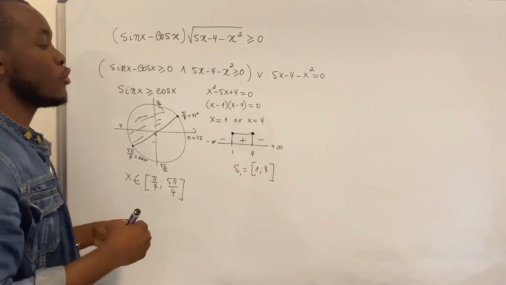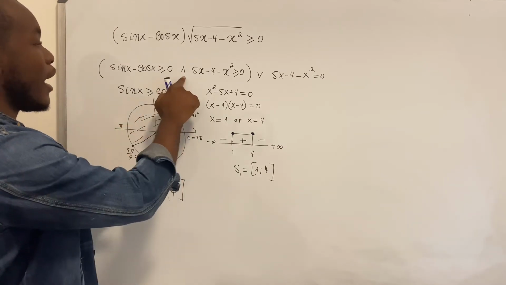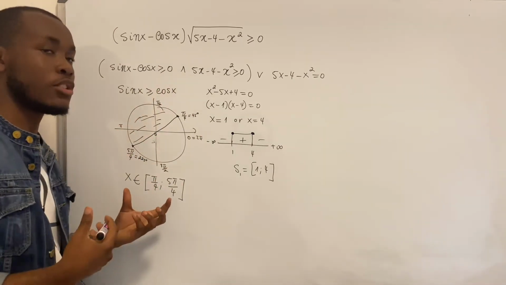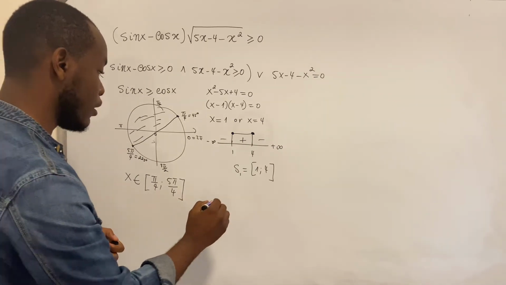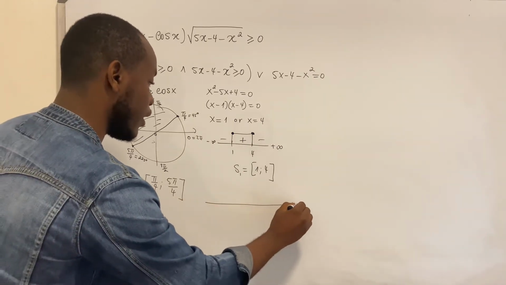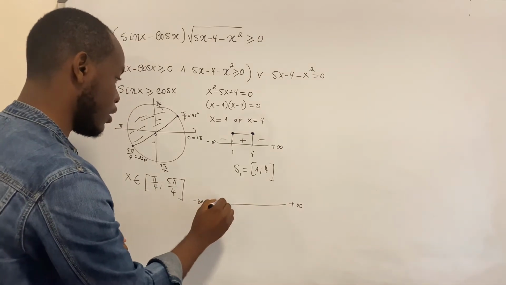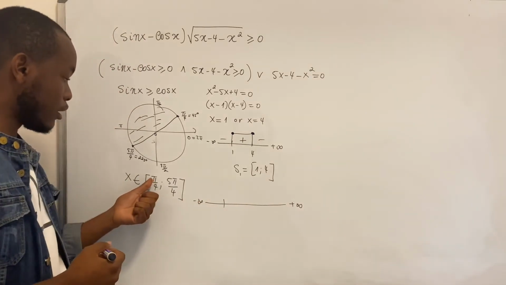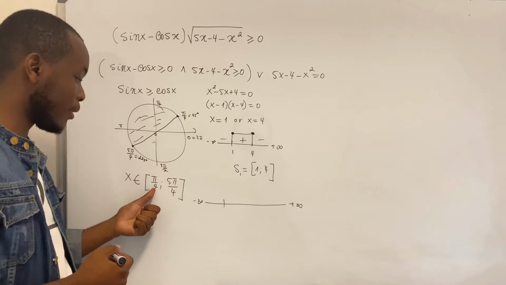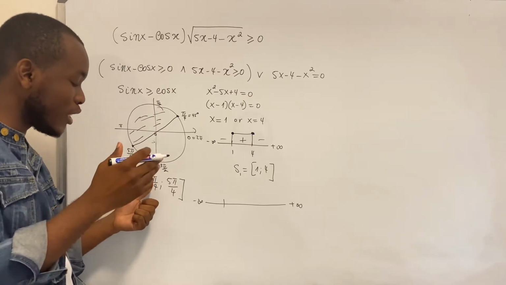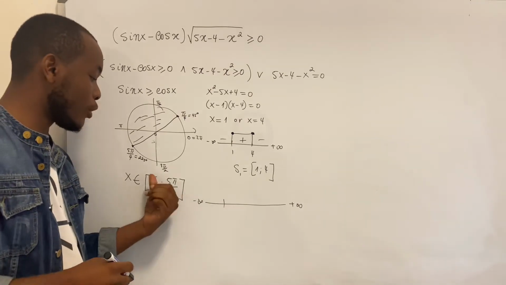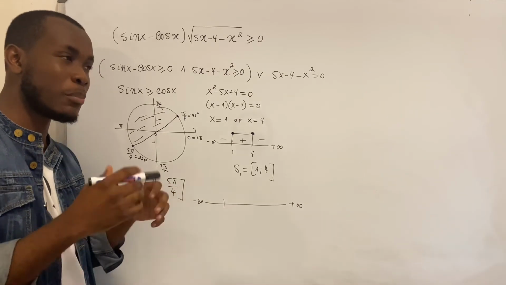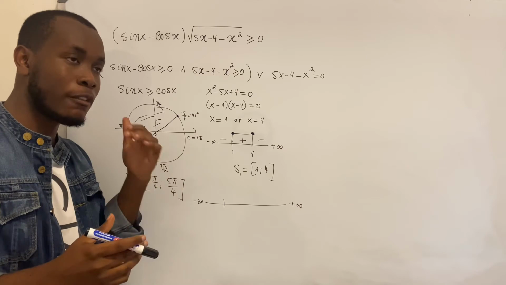The AND in maths means intersection, so I have to intersect this solution and that solution. On the real line we consider pi as geometric pi, approximately 3.14.